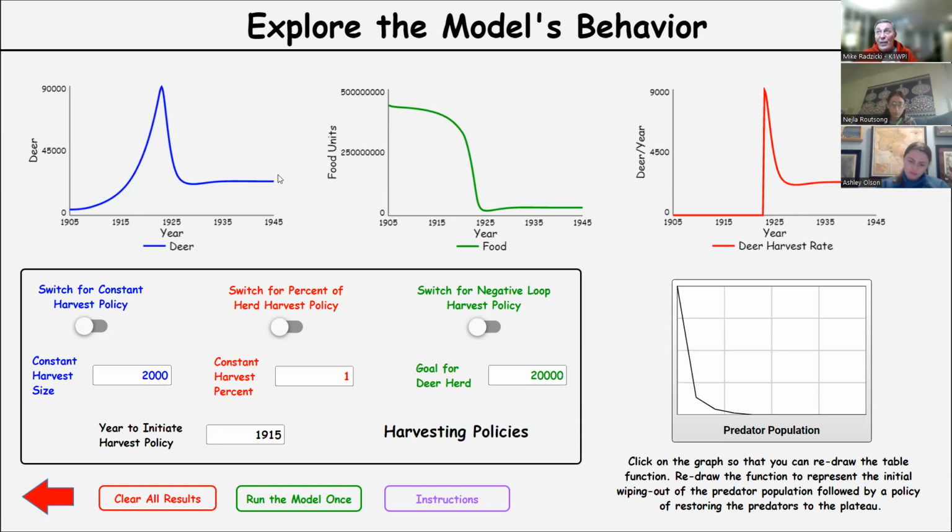Adding a negative feedback loop to the system. Okay, so we want our policy to involve the size of the herd. So we're not mindlessly taking out 2,000 deer a year when there's 2,100 deer left on the plateau or something, right? That's no good. So the policy should take into account the size of the herd.